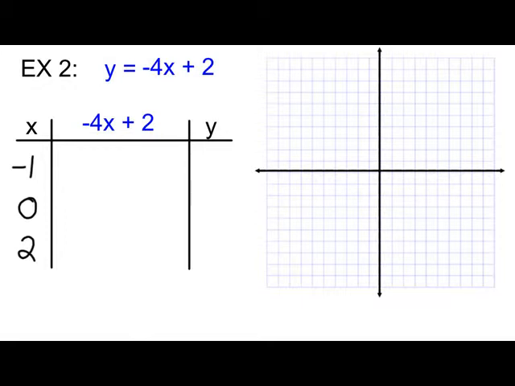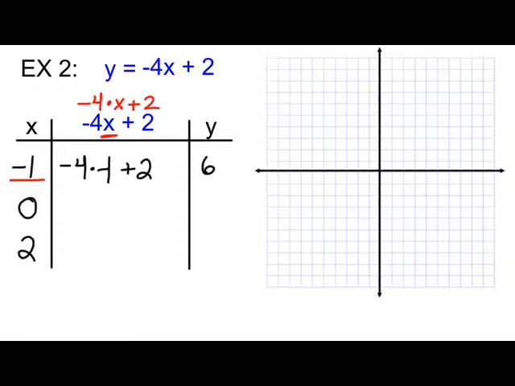Now when we substitute in for our x, notice it says -4x. That means -4 times x, then add 2. So I'm going to do a little math here. My first x value is going to be -1. So I'm going to do -4 times a -1, which is a +4, plus 2, which gives you +6.